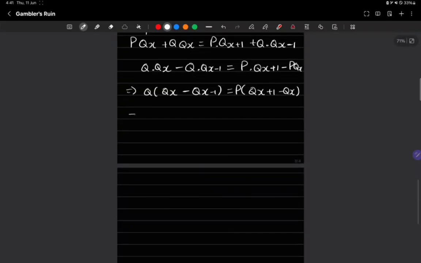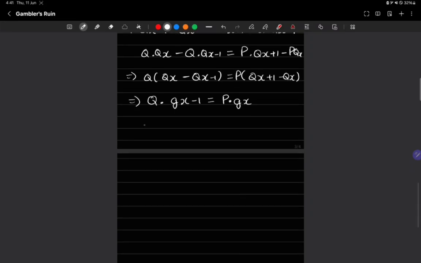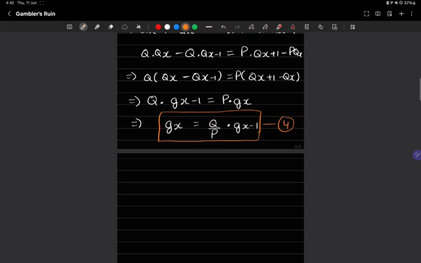So now it will be q into g(x minus 1), and that will be p into g(x). So we can write this in an equation now. Let's say g(x) is now q by p into g(x minus 1). So this can be one of our equations to describe the gaps. We'll name it as fourth equation.